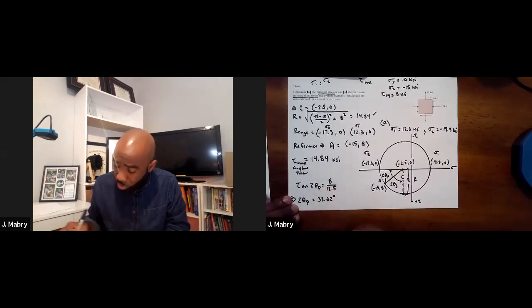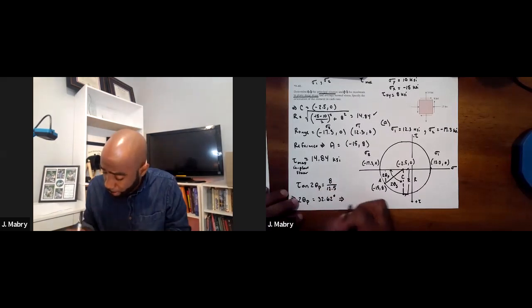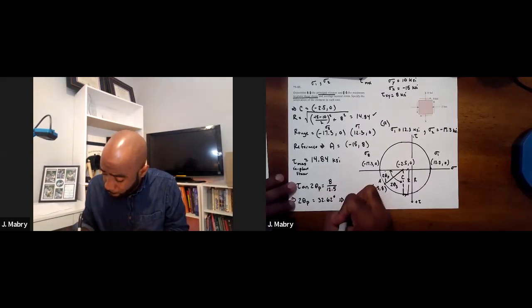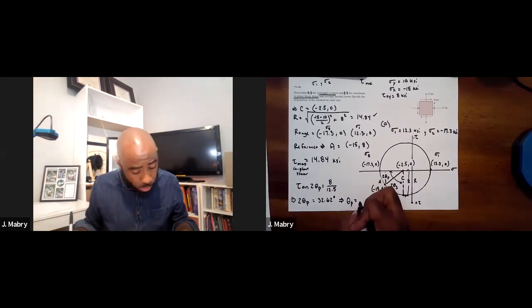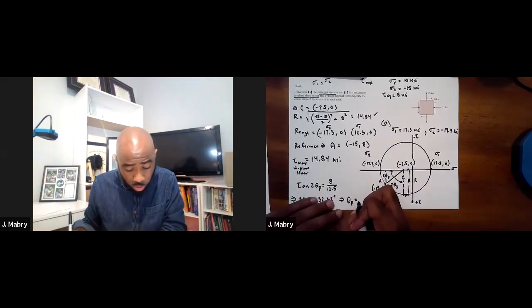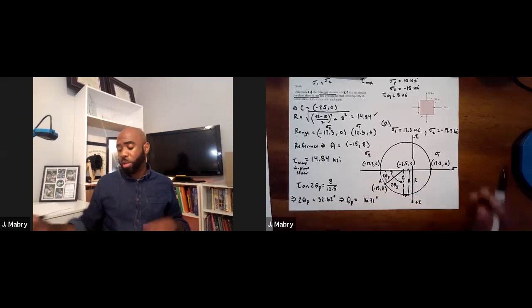That is 32.62 degrees, which, since this is 2 times theta p, 1 would simply be dividing that by 2: 16.31. 16.31, that would be 1 degree.